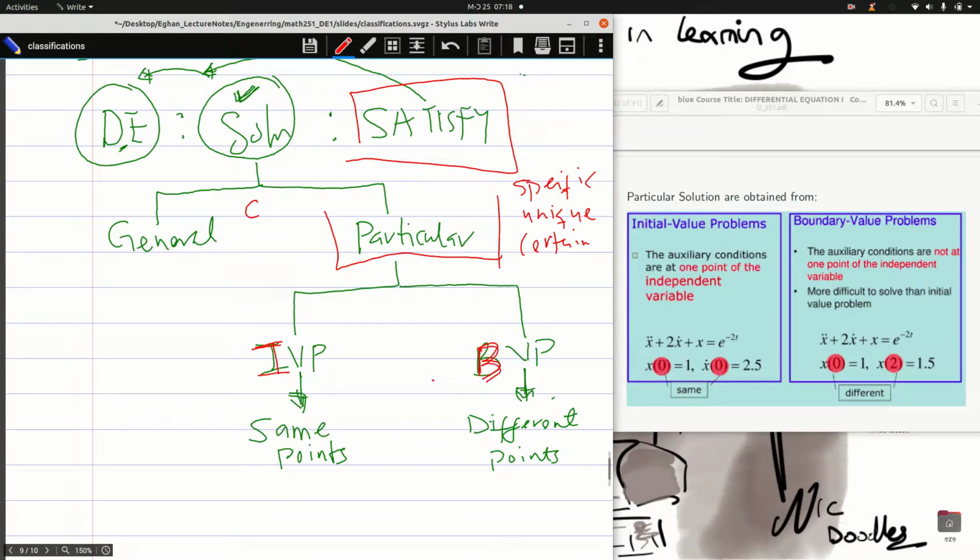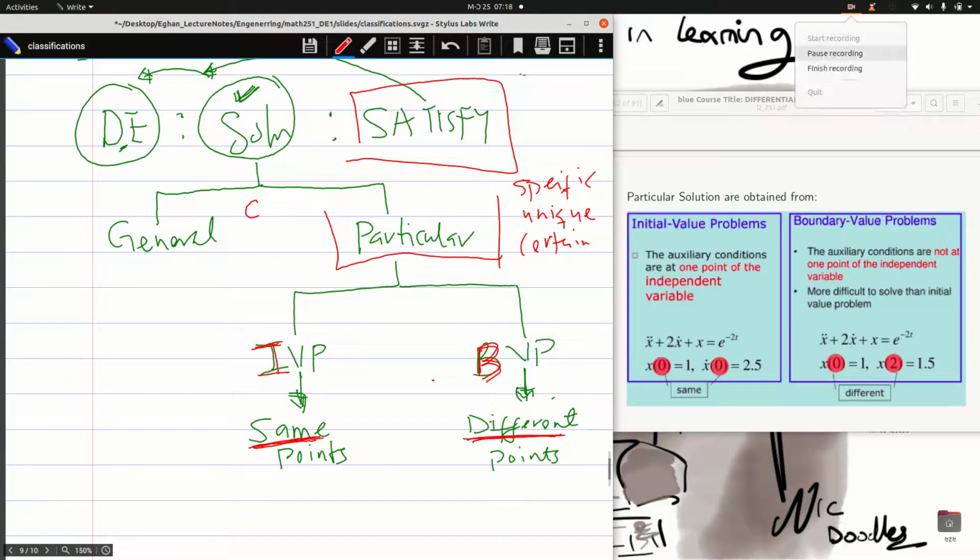The initial value problem has the conditions specified at the same point, at one point. That is the key word here. The boundary value problem has its conditions specified at different points of the problem.